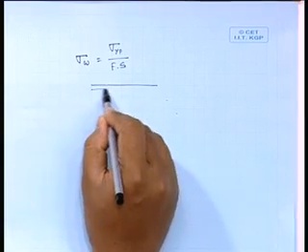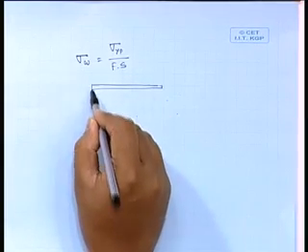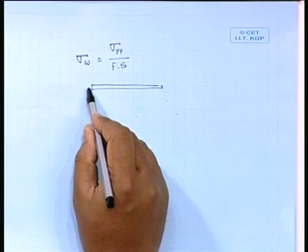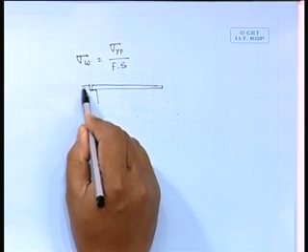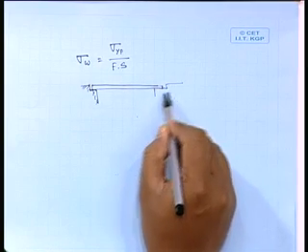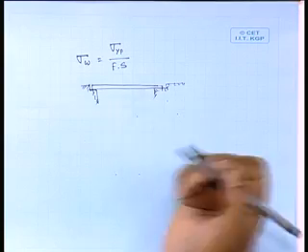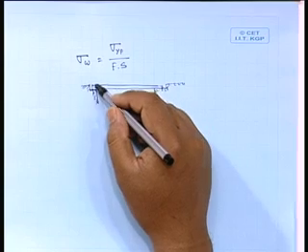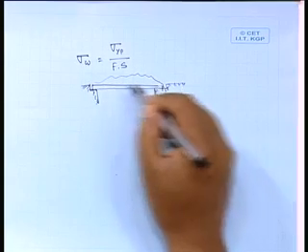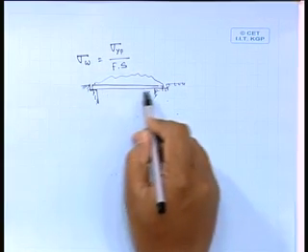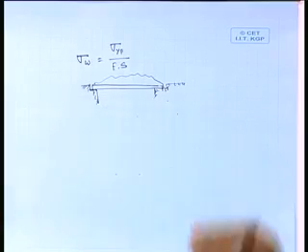Say I am taking a member like this, and say it is resting on some support. Now, if I put some load on that, this member will undergo some deformation.